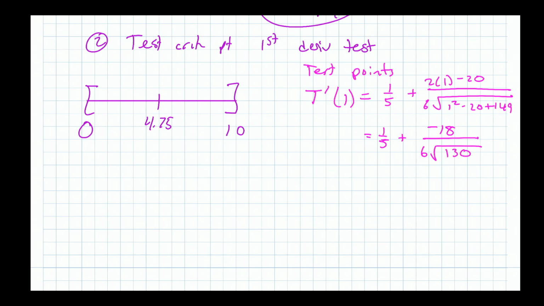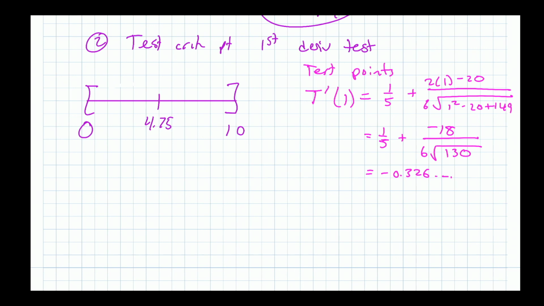I'm just going to punch this into a calculator, but all we care about is the sign, so keep in mind that you should be able to already tell that this is negative. I think it's negative. It is negative 0.326, but negative it is.